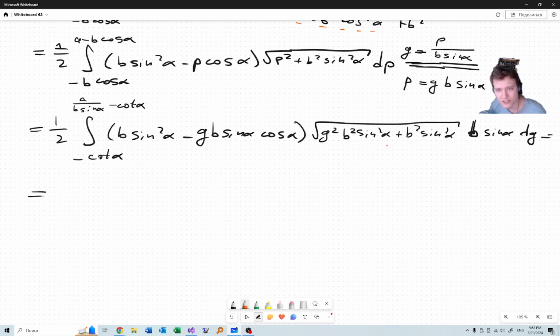Now from here we get b sine alpha. Let's remove it. And here we get additional b sine alpha. So let's take them out of the integral.